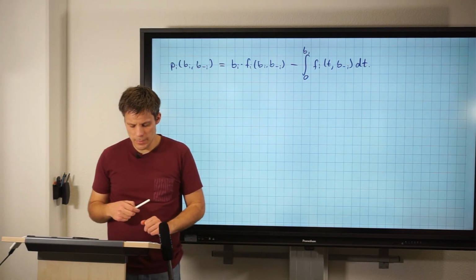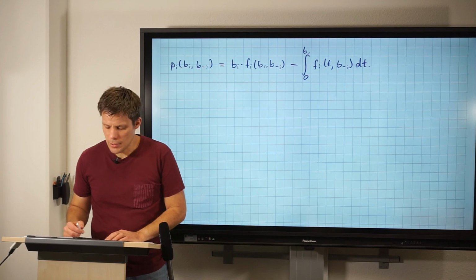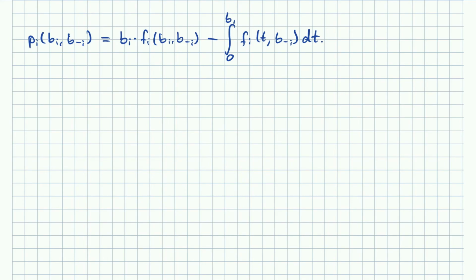Let's start with a single item auction first. In this single item auction, what will our allocation rule look like?